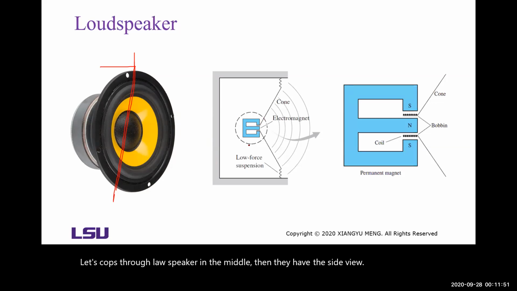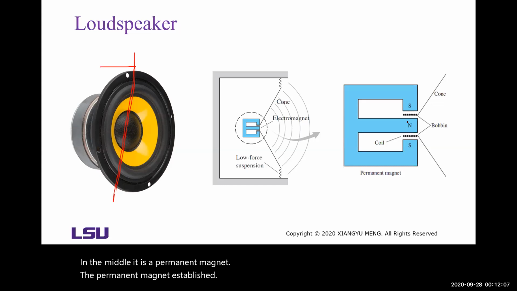In the middle, there is a permanent magnet. The permanent magnet establishes a magnetic field between the poles of the magnet. It's from N to S.